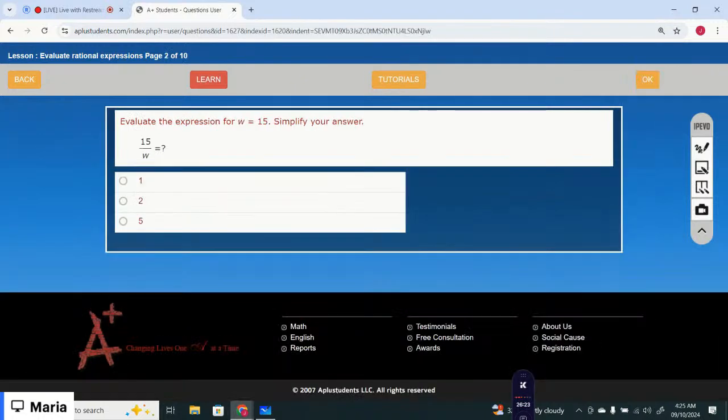The next one is evaluate the expression for w equals 15. So which is the correct option?